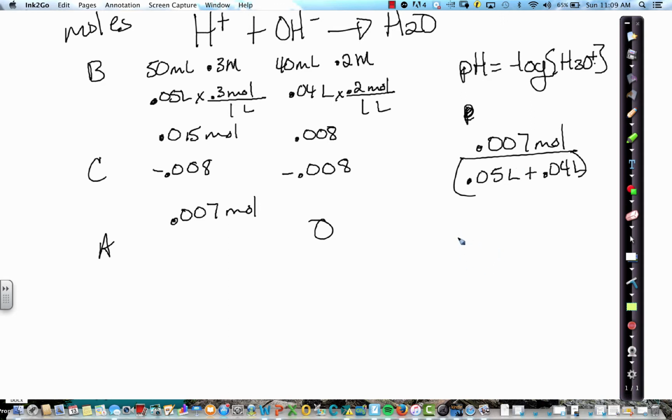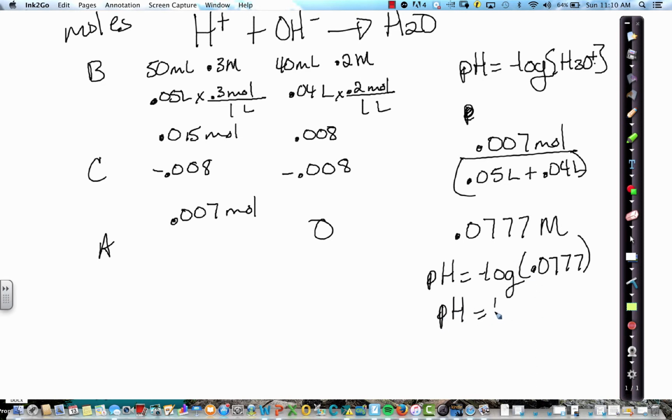I'm going to get 0.0777. Now I can plug this into the pH equation. All right, so now my pH has gone up again, but only to 1.11.